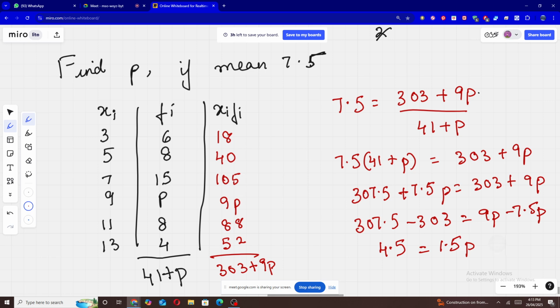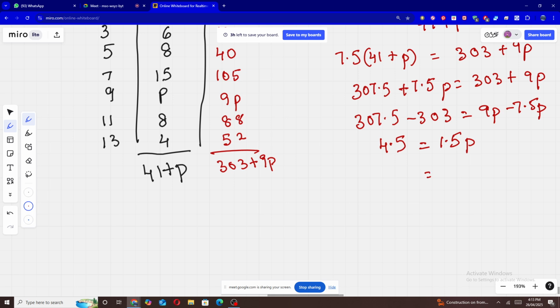Kids, I'll explain nicely now. How is it 0.3? p is equal to 4.5 by 1.5. In numerator and denominator, the decimal is at the same position. So if you want, you can make it 45 by 15, multiplying both by 10. So both get cut. Isn't it 3 equal to p?